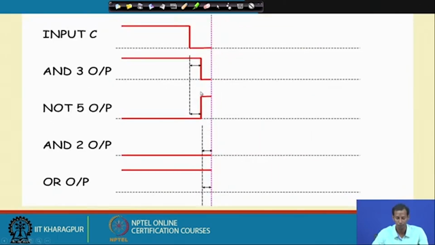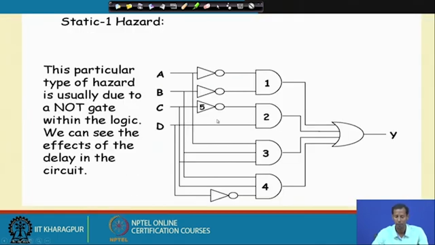That means what? Here in this particular path, because of this particular NOT gate this is happening. So, add some other delay buffer over here, so that these two paths become balanced. If these two paths become balanced, at that time you will not get any delay over here.